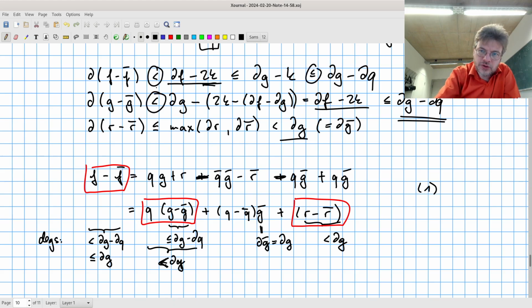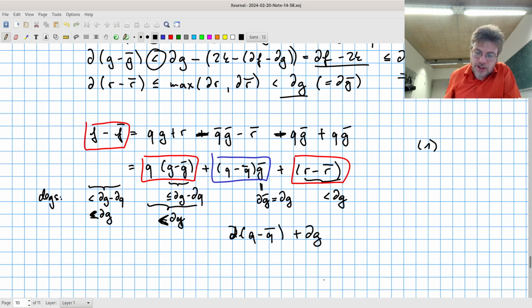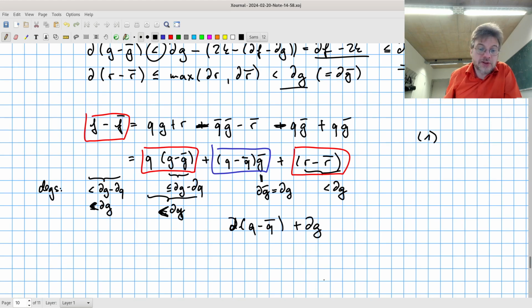I shouldn't copy from here, I should copy from here. So this is less, this is less. So the red parts have degree less than g, whereas this blue part here has a degree that is the degree of the difference of the q's plus the degree of g, and this doesn't match.